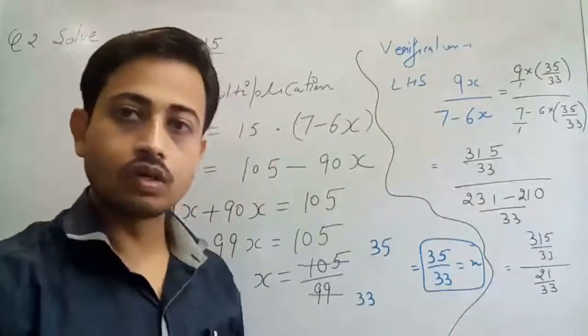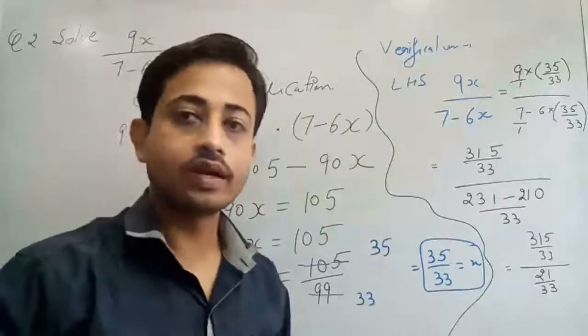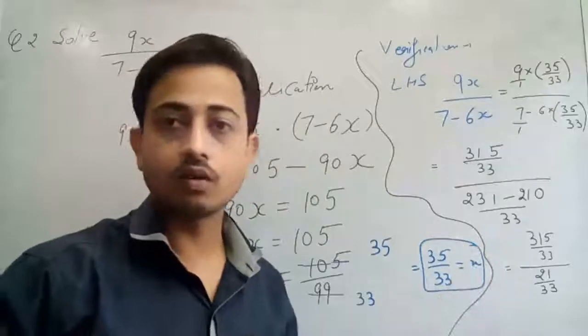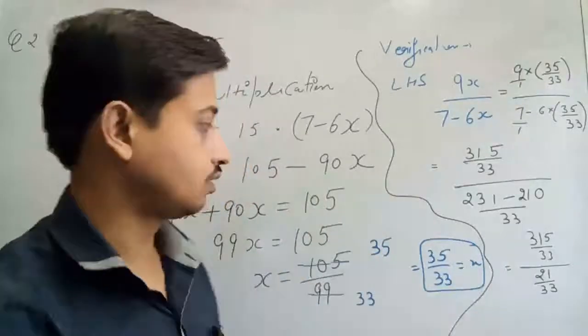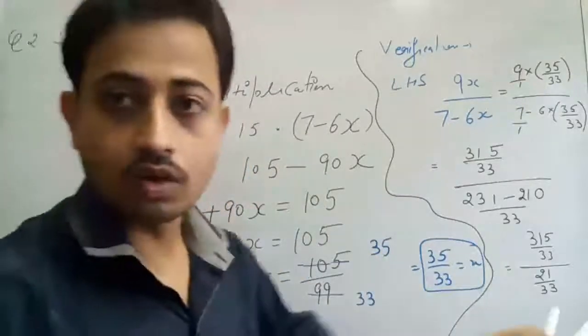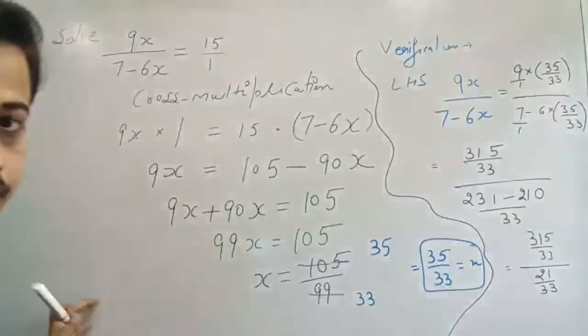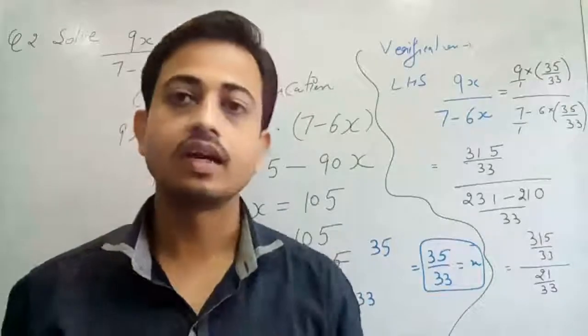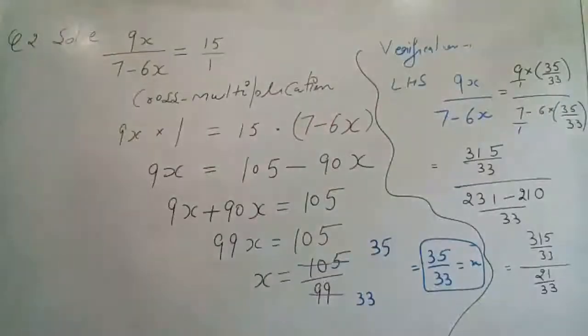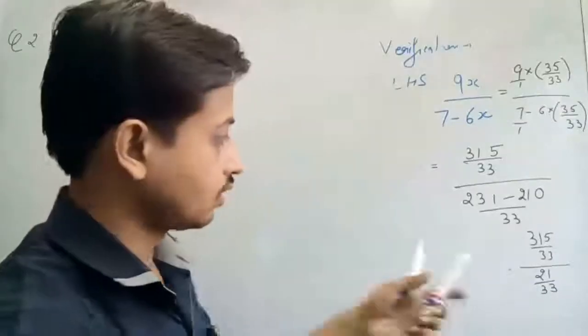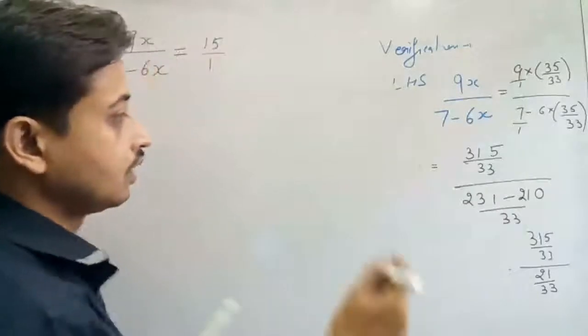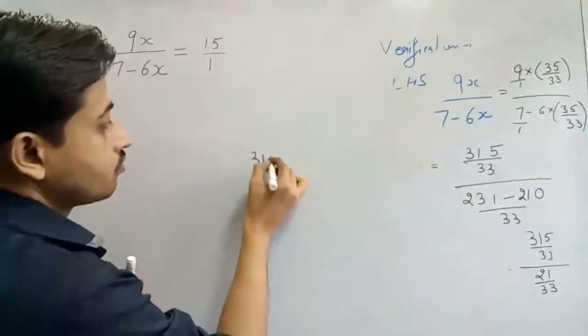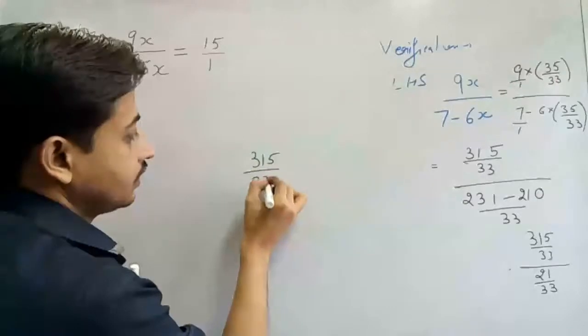And you know the number in the denominator is in terms of p by q, so you have to do reciprocal. I am solving here. Please make a note first, or you can note it later. Please take a screenshot. Now solve this. 315 divided by 33.